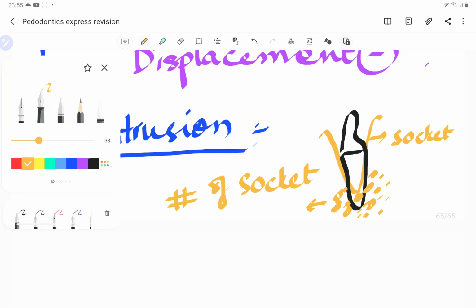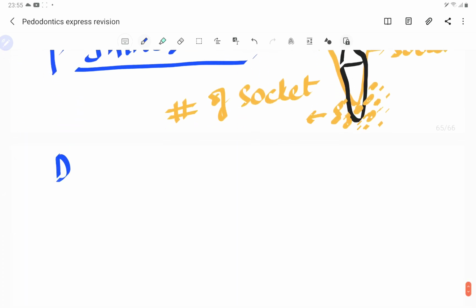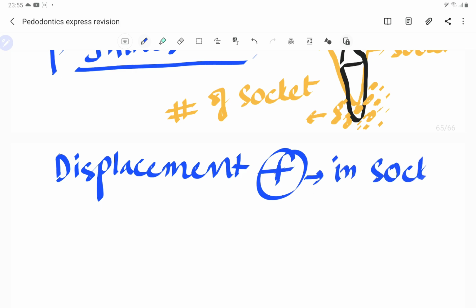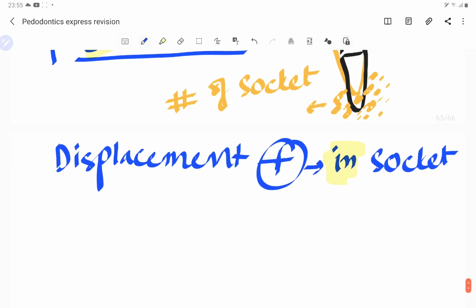So in the intrusion, what we see is displacement of the teeth, definitely, which is into the socket. So displacement positive. Where is the tooth getting displaced? Into the socket. So that we can easily remember and recall that in means in the socket, right? So this is about the intrusion.